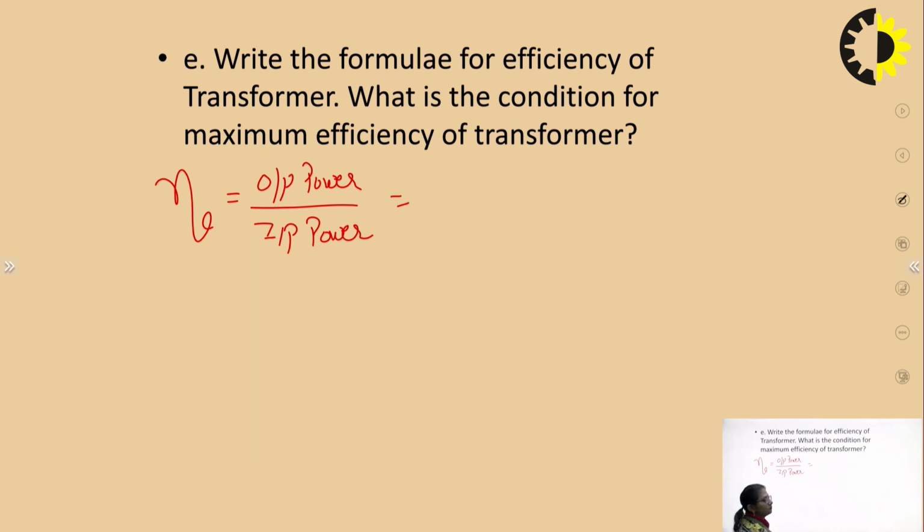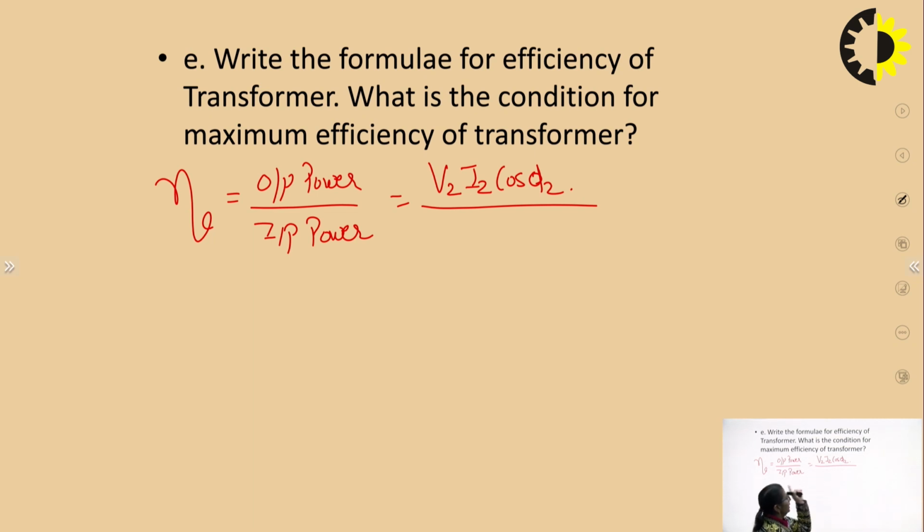This power we are talking about is the active power. The output power in a transformer is towards the secondary where the load is connected, so it is given as V2 I2 cos φ2, where cos φ2 is the power factor decided by the load.